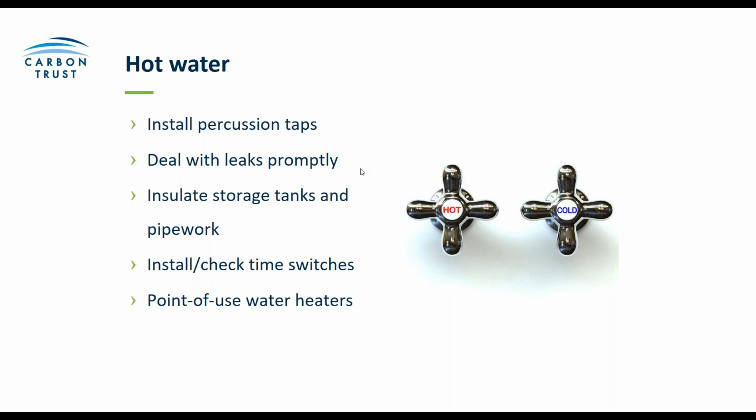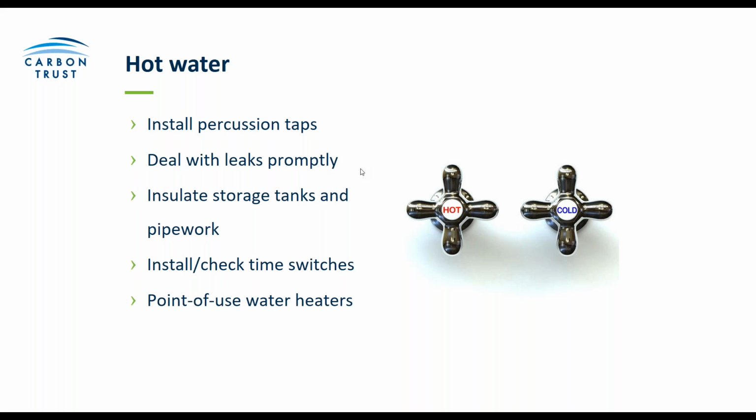Insulating any hot water storage tanks and distribution pipework as well will reduce the heat losses. Fitting and checking time switches to make sure that water is heated only where and when it is actually needed, and also providing cleaning staff with point of use water heaters can be quite a good idea if you say, for example, that the school is left unoccupied for a number of weeks during the school holidays.